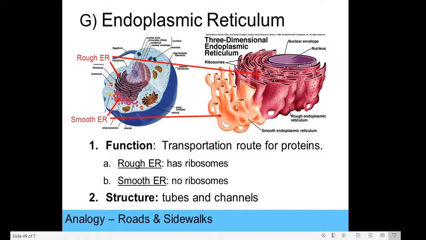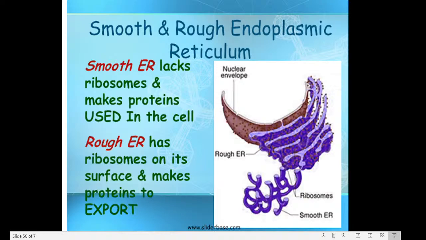The smooth one doesn't have ribosomes. The smooth endoplasmic reticulum makes protein used in the cell, but the rough endoplasmic reticulum makes protein to export.